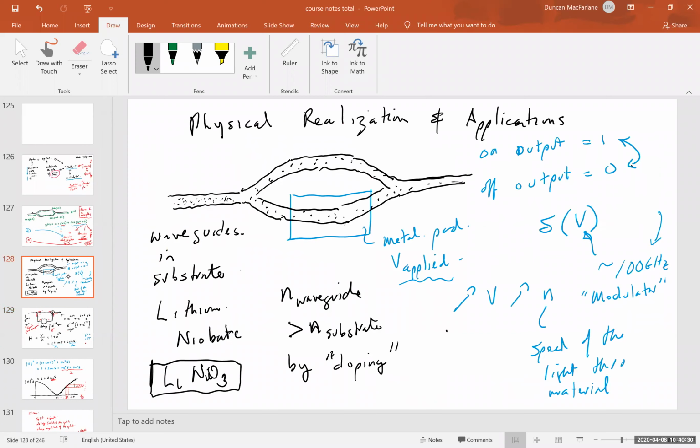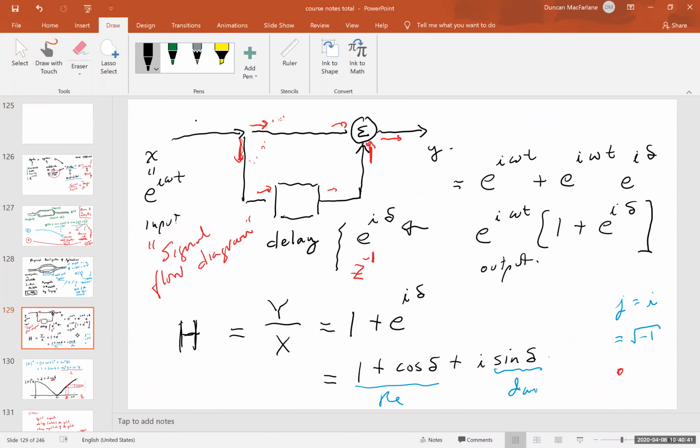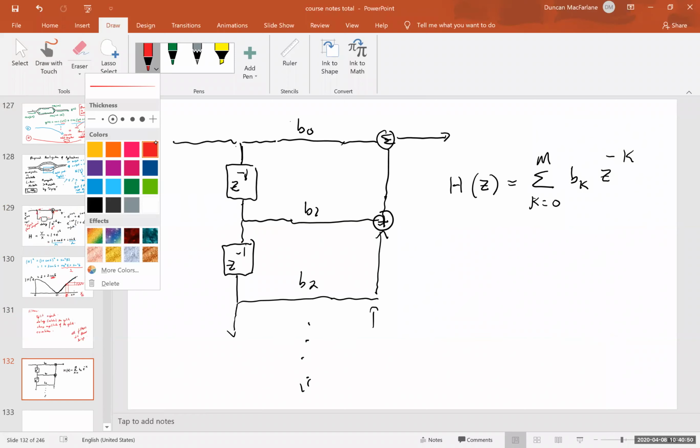And there's my realization. This would be closer to a circuit diagram. That's an abstraction of what's going on. And that's what I'm doing here. So there are some similarities.